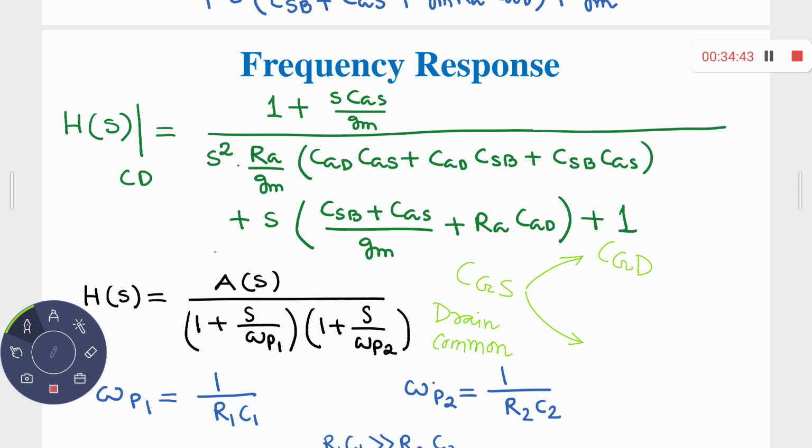What about the other one, between source and drain? Between source and drain is already connected to AC ground. You can consider this is nothing but your CSB. Drain and body, AC wise, they are connected. And also the CSB is already there. So once you convert this Miller effect into a calculation or approximate calculation, you don't have another capacitor to work with, because both CGD and CSB are already there in the circuit.